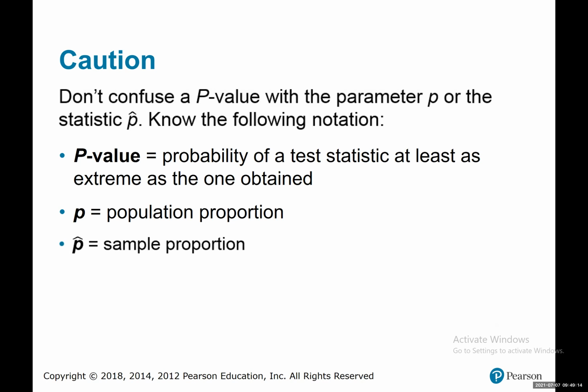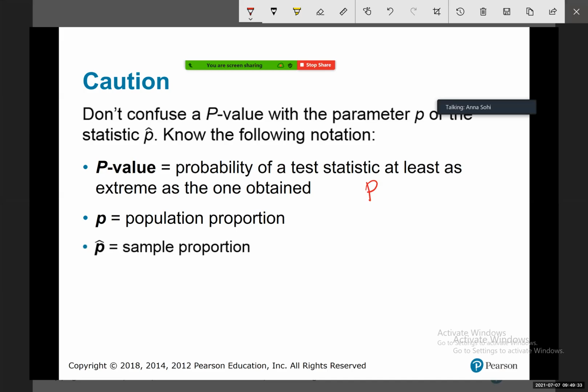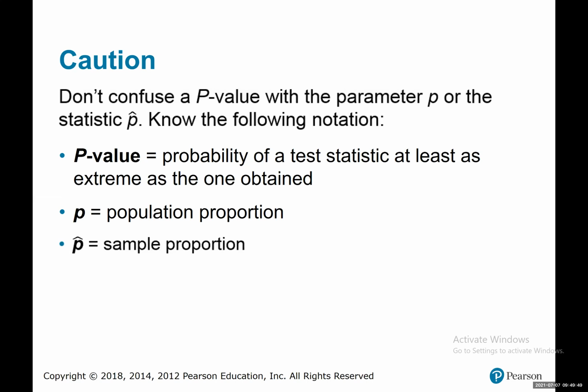So let's just pay attention to this page. I want you to read this one. P-value, p and p hat. Do not confuse these, especially since your TI calculator doesn't say p-value, it says p. For p-value, it says p, but you need to be able to distinguish the difference between the p's. So p-value versus population proportion versus p hat.